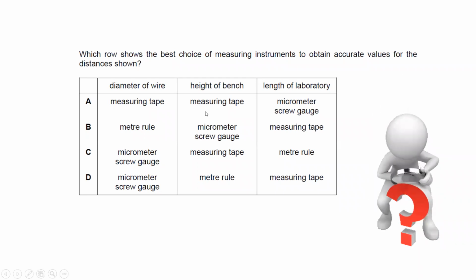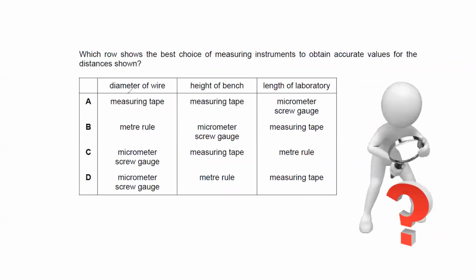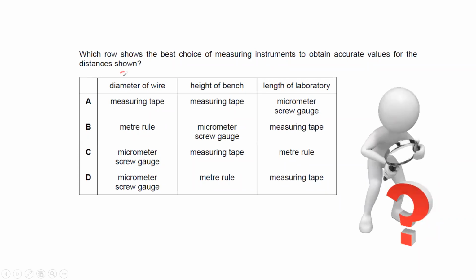So when we compare, the right answer is D. Why is the right answer D? Because the diameter of a wire is very small, so we need a very accurate apparatus. So we need a micrometer, so either C or D will be the answer. But the height of the bench is about a meter, so we can use a meter rule, which can measure a maximum of 1 meter. The length of a lab, any room, is several meters.